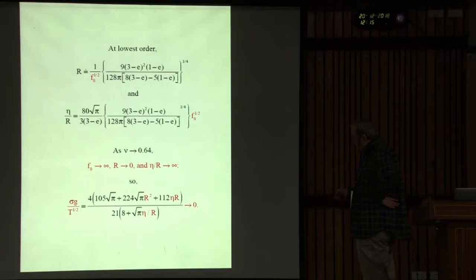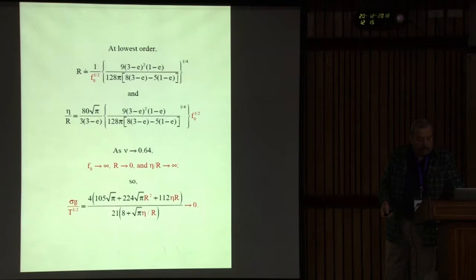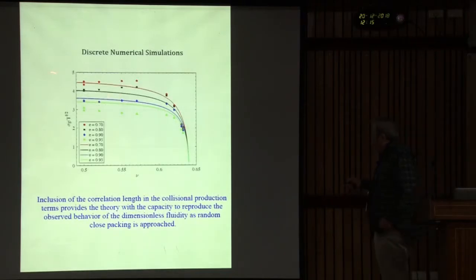So the result is the dimensionless fluidity now has this structure, and as the volume fraction approaches random close packing, these terms in the numerator disappear, and this term in the denominator goes to infinity, because this term goes to infinity. And as a consequence, we generate the dip in the dimensionless fluidity in the limit of random close packing.